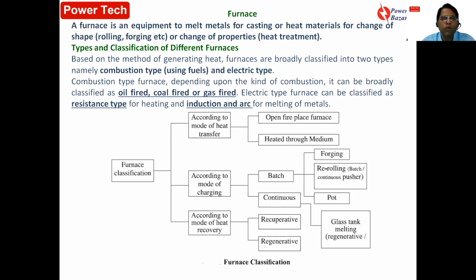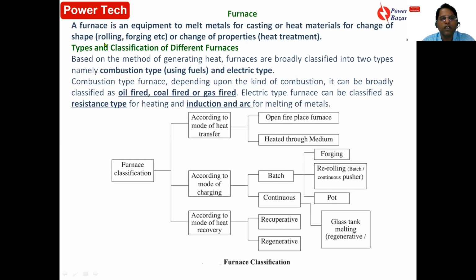Another one is we get billet or slab from a continuous caster in a steel plant after the SMS. But we need to obtain flat plates, angles, rods. So we need to roll the product, for which a heat treatment has to be given to change the shape.